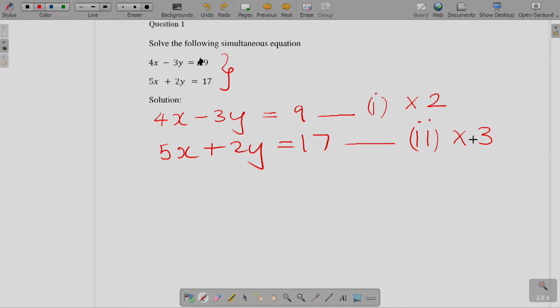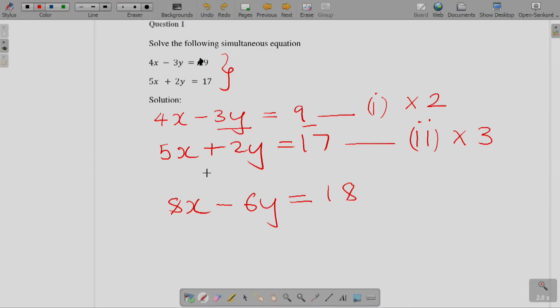If we multiply equation 1 by 2, we will get 8x, 2 times 4x equal to 8x, 2 times minus 3y, so we'll get minus 6y equal to 2 times 9 equal to 18.